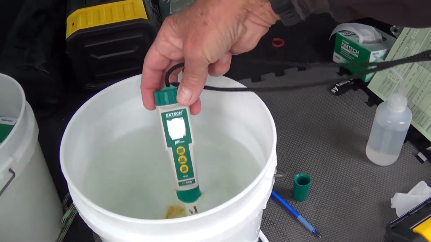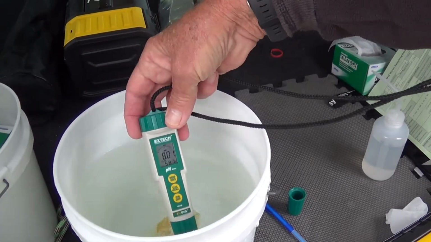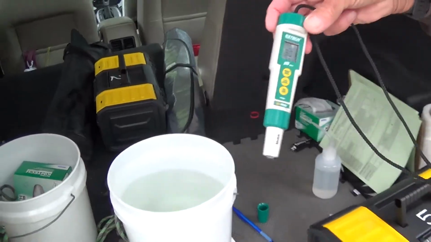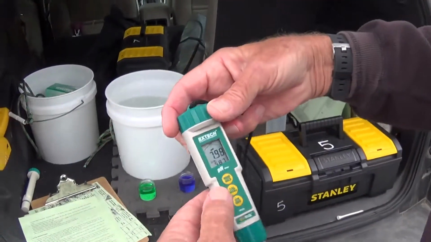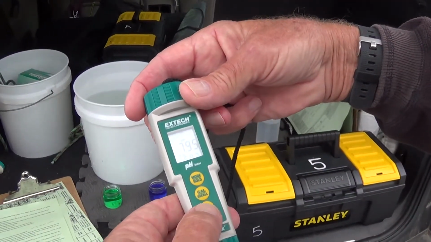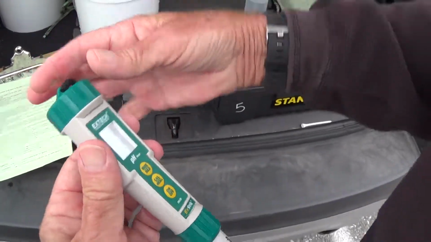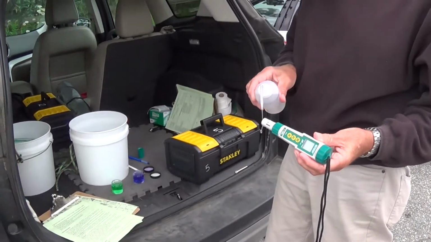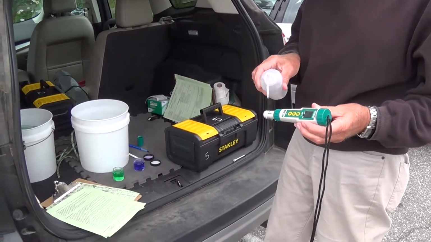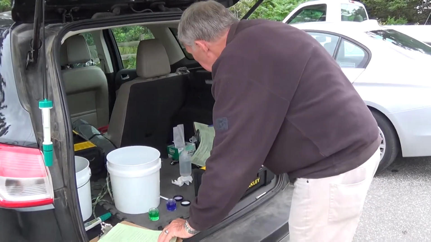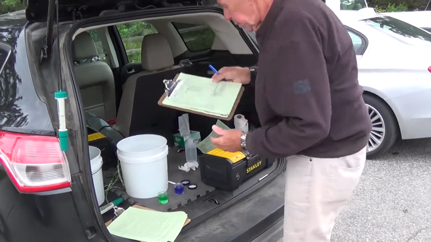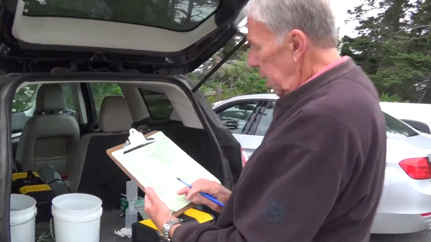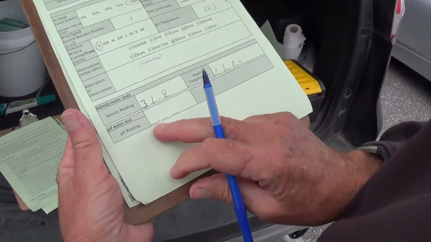Basically we're done at this point, but I'll give it. Okay, 8.01. All right, we're going to turn it off, and we're going to rinse it. So, 8.01 was the number, and that goes right here.